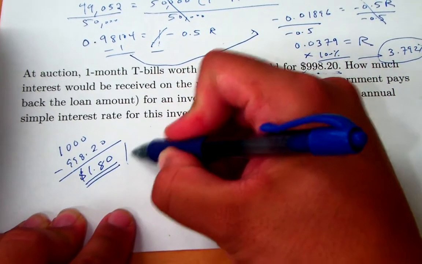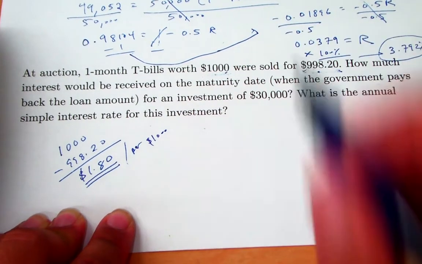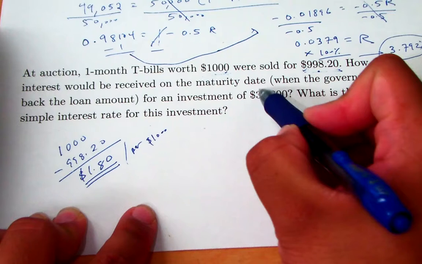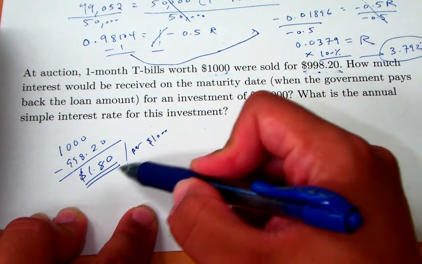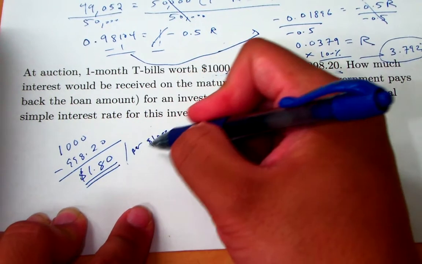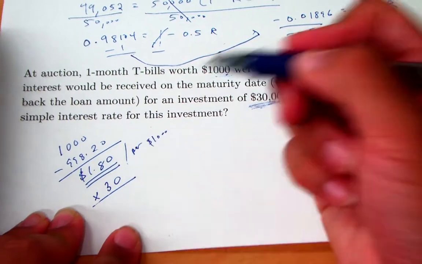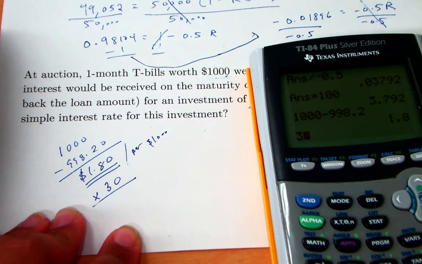So that's per $1,000. So the lender provided the government an investment of $30,000. So they basically purchased 30 of these instruments. So if every $1,000 nets $1.80, simply multiply that by 30, and what you get is the total amount of money that the government paid to borrow the money.